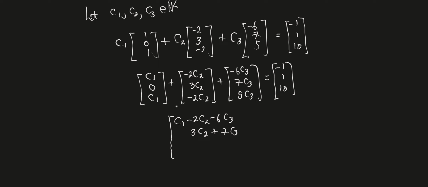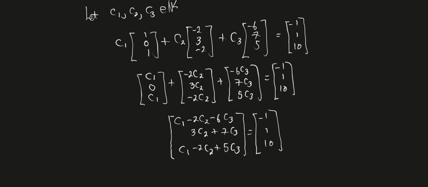And then the third row is now c1 minus 2c2 plus 5c3. And again, what I want my vector to turn out to be is -1, 1, 10. And again, when you think of these as matrices, I have a 3 by 1 on the left, I have a 3 by 1 on the right, and we're saying that they're equal.